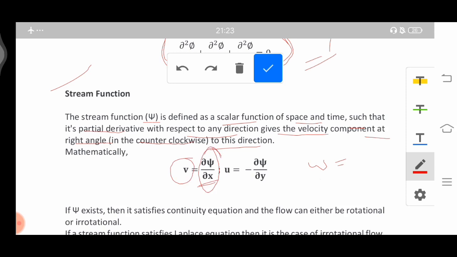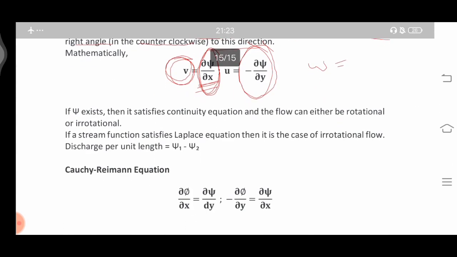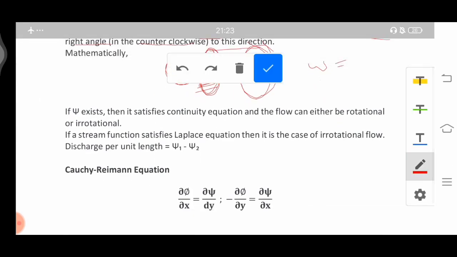That is, if I differentiate psi, the stream function, with respect to x, I will get the velocity v, that is in the y direction. Similarly, I have u as minus del psi by del y, and this will be acting in the counterclockwise direction, so I have the minus sign. So if psi exists, then it satisfies the continuity equation and flow can be rotational or irrotational.